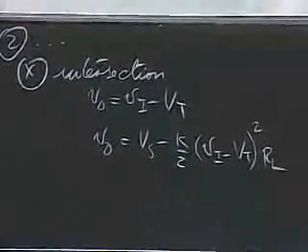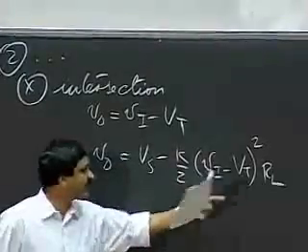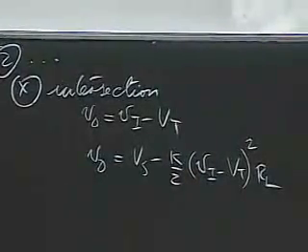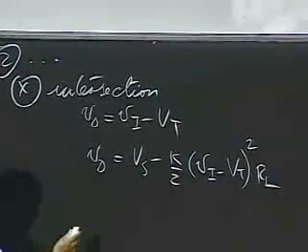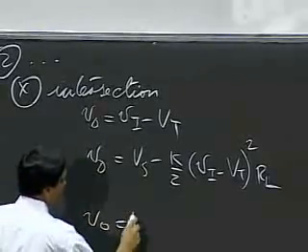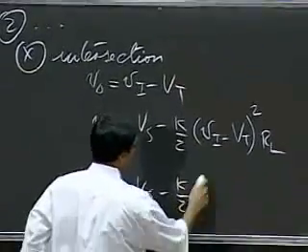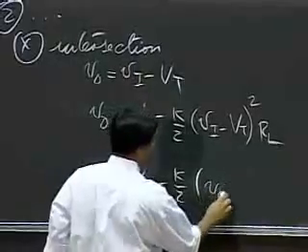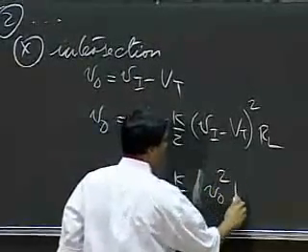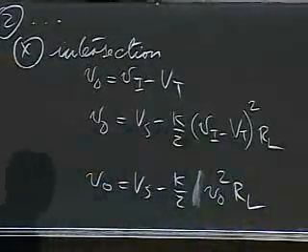I can very easily get that as follows. What I'll do is I'll simply substitute for Vi minus Vt from this equation here and then solve for it. So I get V naught equals Vs minus K divided by 2 V naught squared RL.